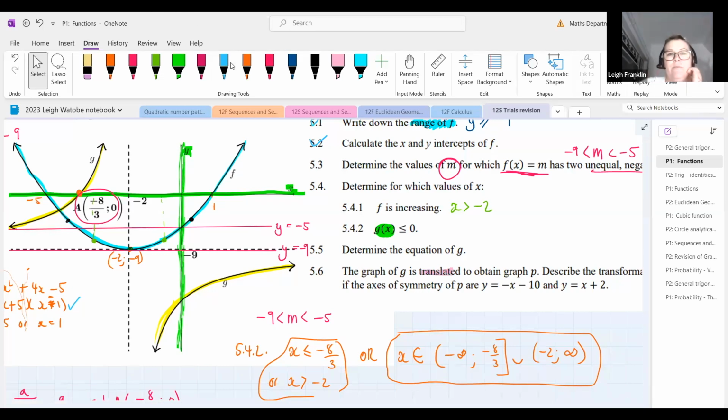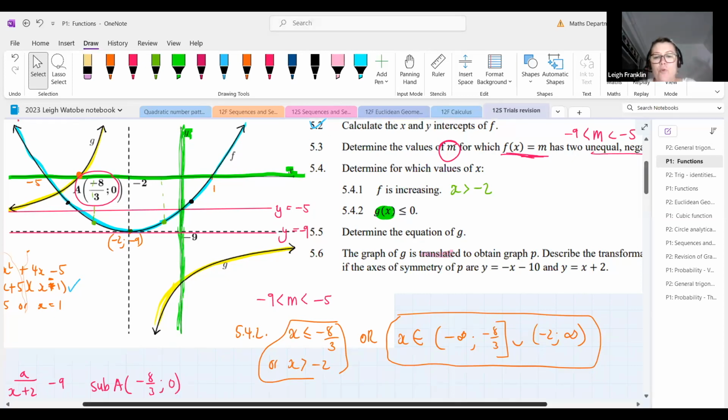No, we don't have to, you're quite right. What about the asymptotes? Good. Your axes of symmetry will always go through the point of intersection of your asymptotes.